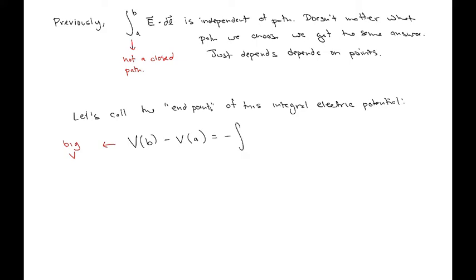That's how we've defined potential. And that's going to be equal to our path independent line integral here. Okay, and I want to point out this negative sign especially because it's easy to forget. And I really think it's there because of the way we define potential when we think about it.